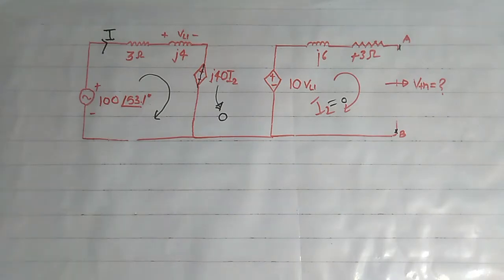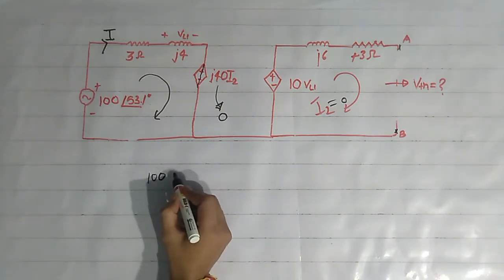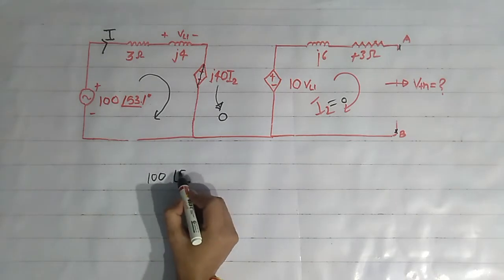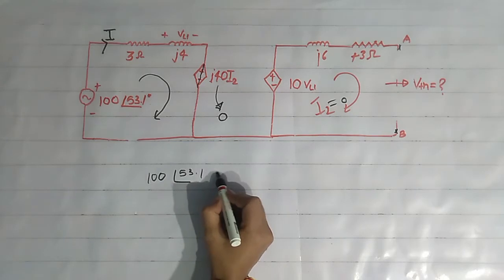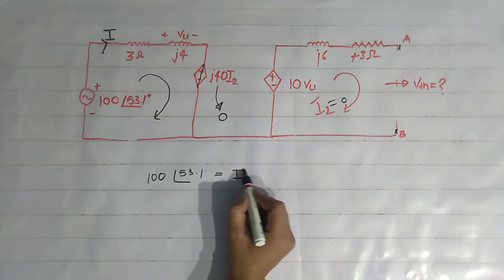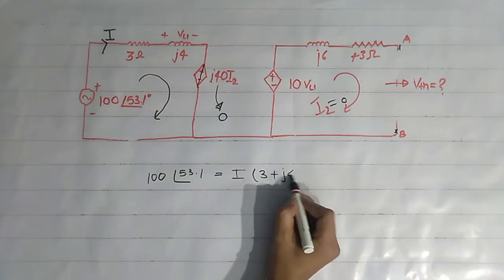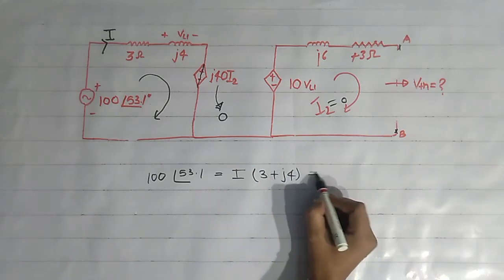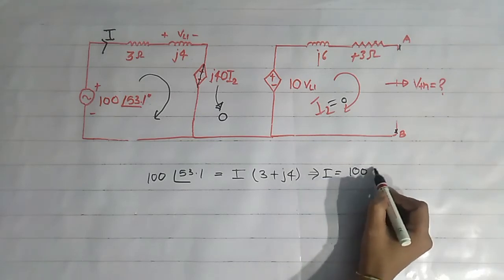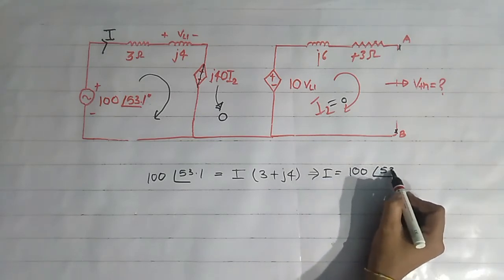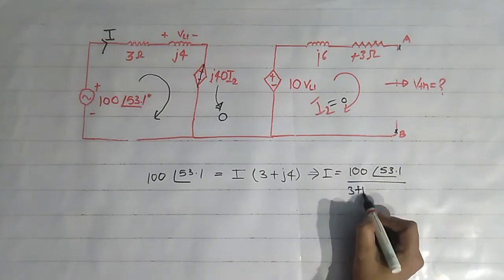So we can write KVL equation as 100 angle 53.1 is equal to I into 3 plus j4. So we get I is equal to 100 angle 53.1 by 3 plus j4.